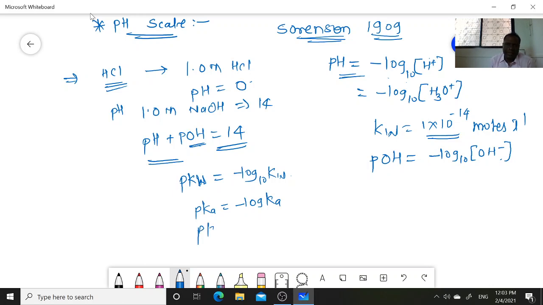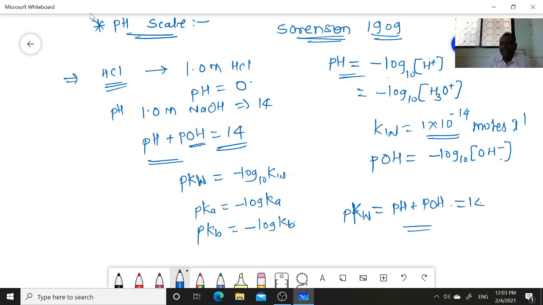And pKb is equal to negative log of Kb. Remember that. Then pKw of water is equal to what? pH plus pOH. It is very simple terminology. We have to remember that.